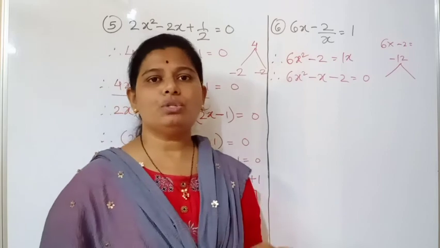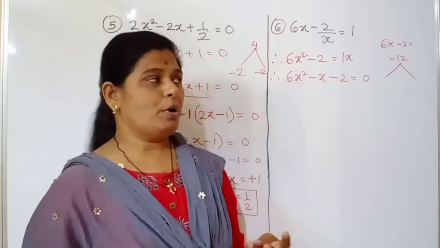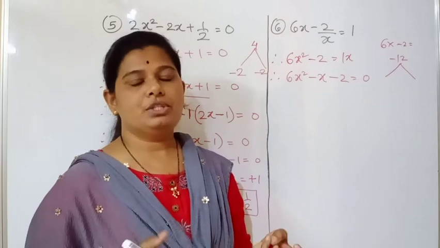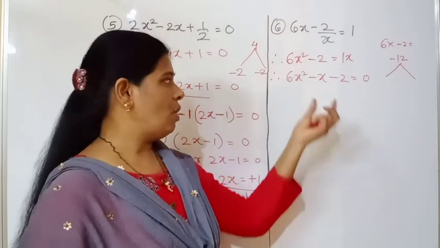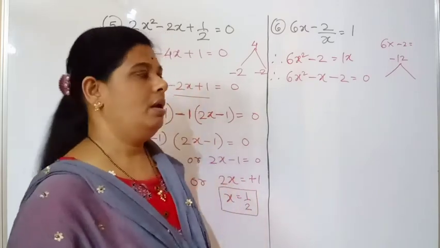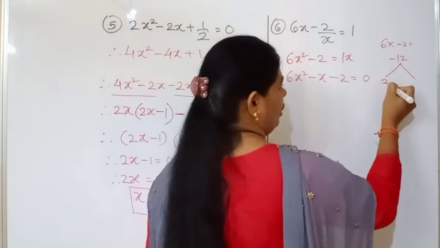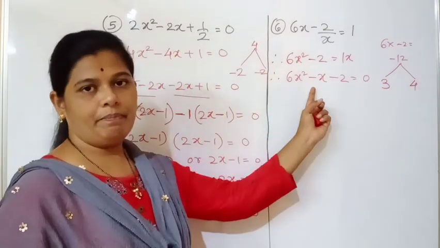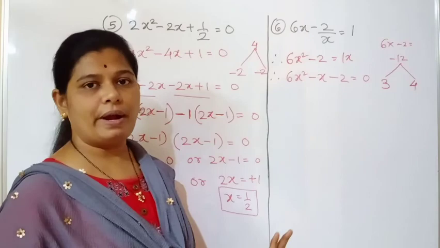If we take 2 6s are 12, it is not possible, we will not get 1. Why? Because 2 plus 6 is 8, 6 minus 2 is 4. We want here 1. But if we take 3 4s are 12, and 4 minus 3 is 1. Okay, so we got our two factors now.